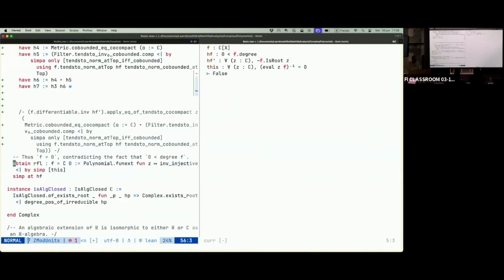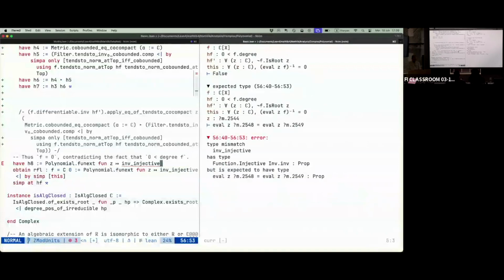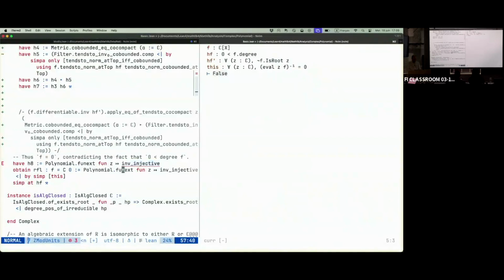But maybe we can try to say H8, to have a look at what's over there. Let's try this. Okay, it didn't work because, no, it's because we need the full statement.